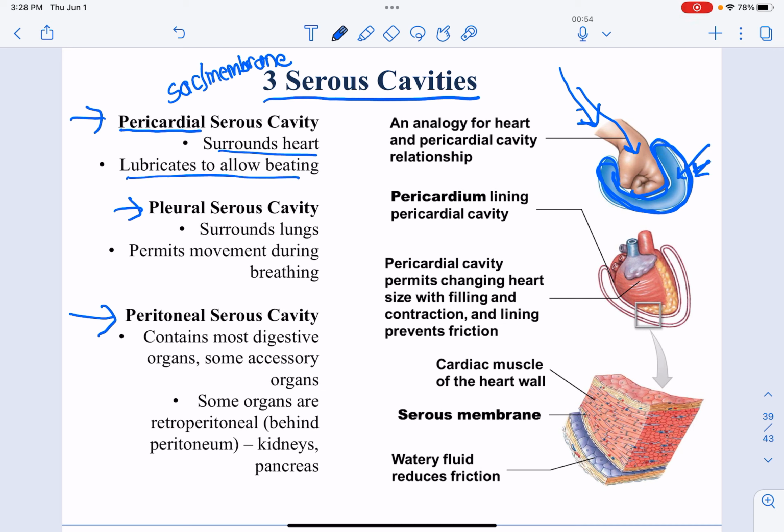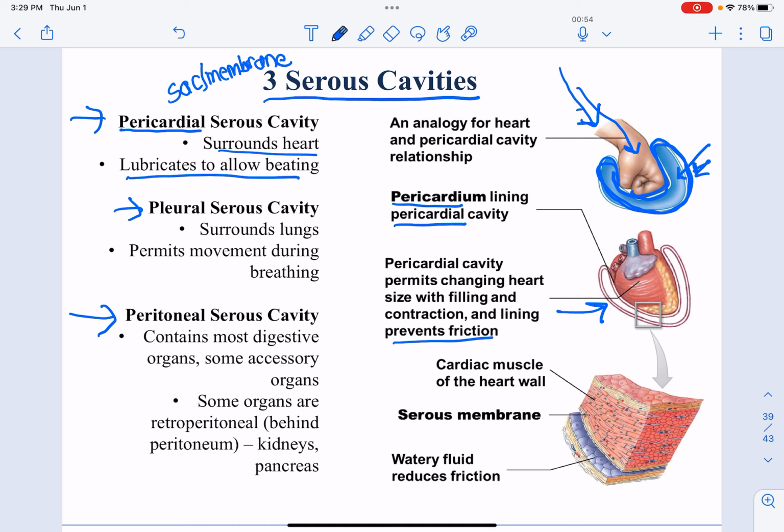The pericardium is the lining, the membrane around it, and then the heart sits in the pericardial cavity. Again, this is to ensure that as the heart is beating and moving, friction doesn't build up, because you have these membranes around it to reduce or prevent friction.